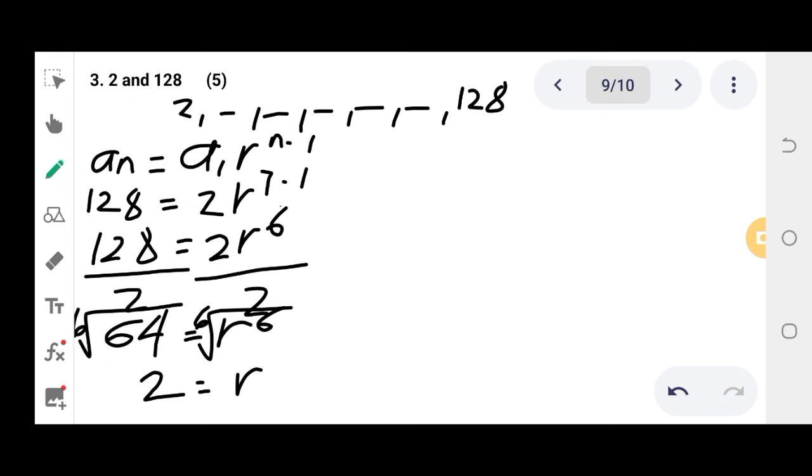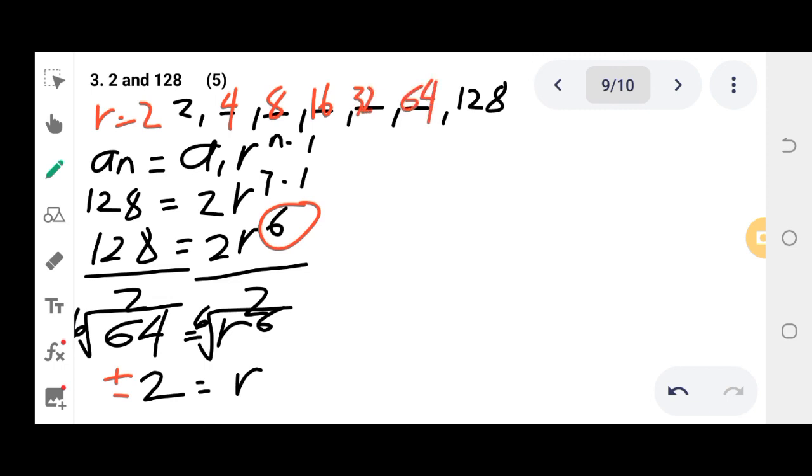Since ang ating pong exponent is 6 or even number, we have positive and negative. Let us use the positive value. So 2 times 2 is 4, then 8, 16, 32, and 64.